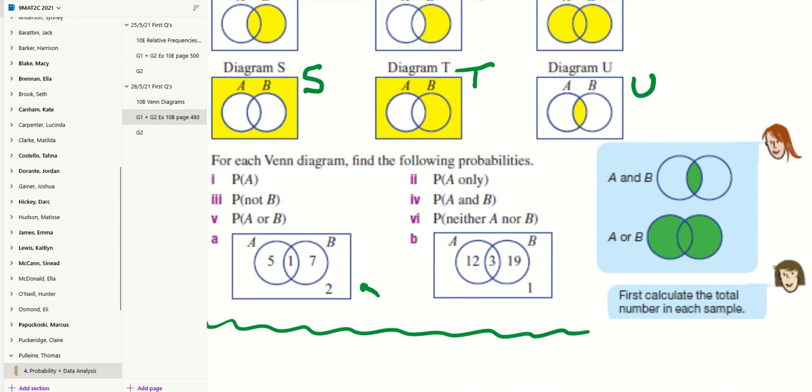You've got a circle A, a circle B. It is asking you for probabilities here as we go across. This is the probability of A, the probability of A only, the probability of not B, the probability of A and B, the probability of A or B, and the probability of neither A nor B. See if you can do one of these maybe in class.